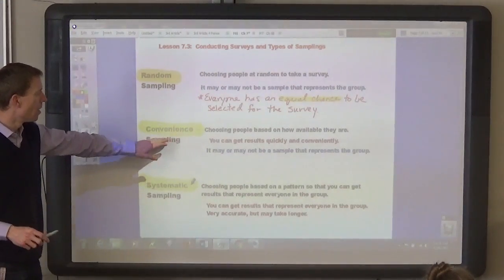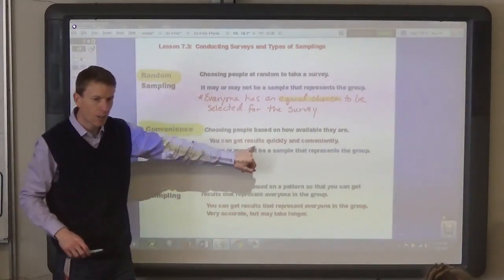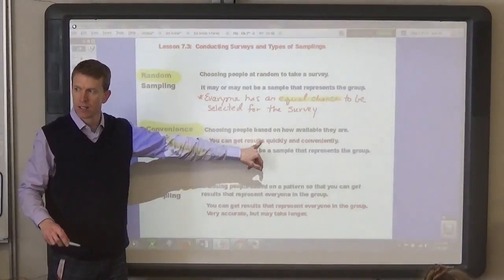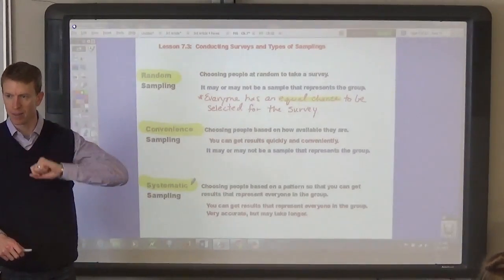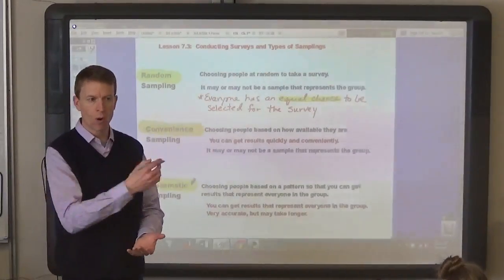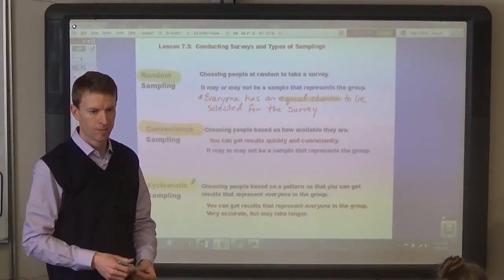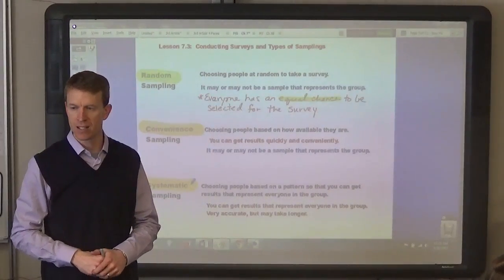Convenience sampling. The benefit of convenience sampling is that you can usually get results more quickly because you don't have to spend as much time choosing the things at random. You might just ask people who are walking by. Okay? Whoever walks by, you just ask them a question. Convenience sampling.